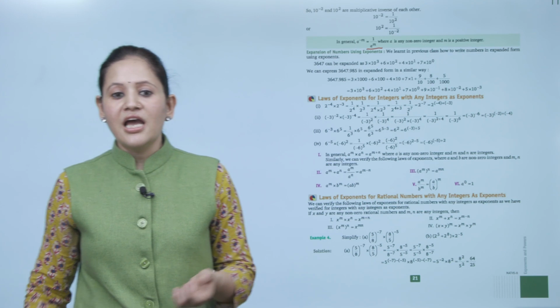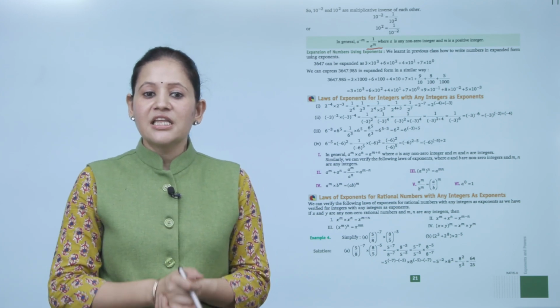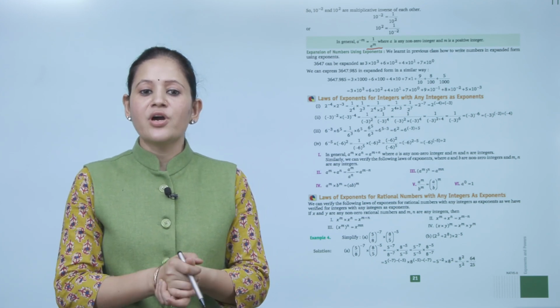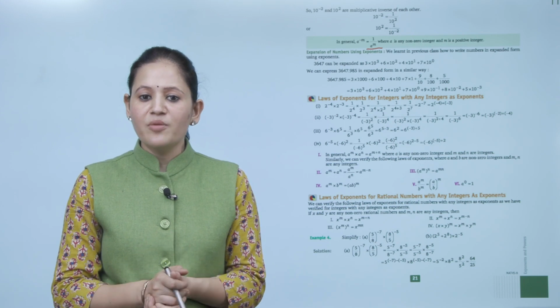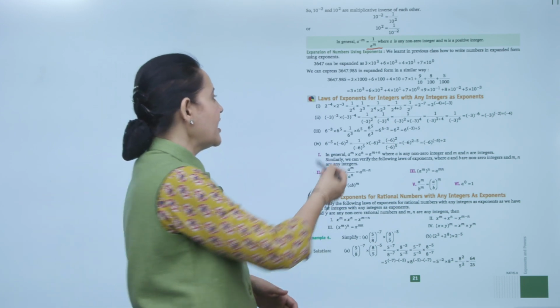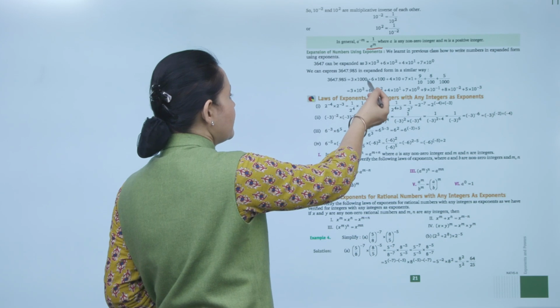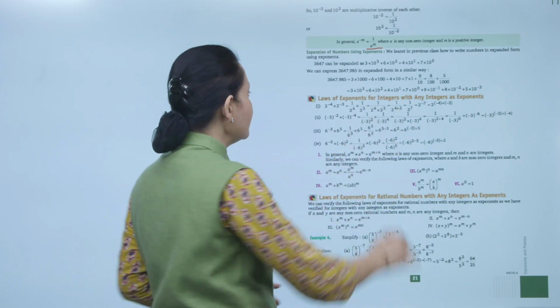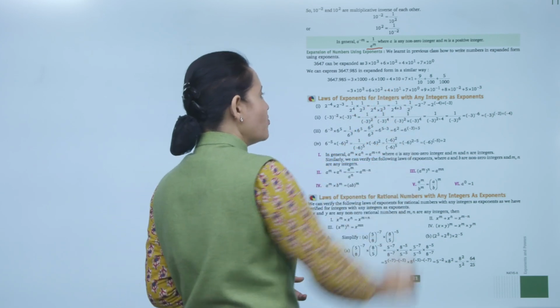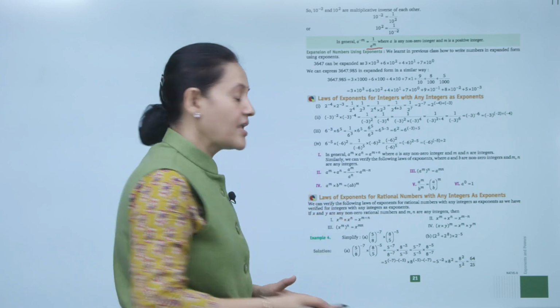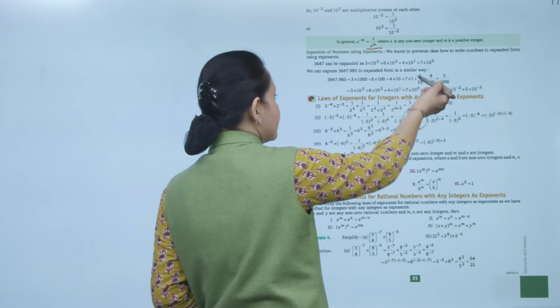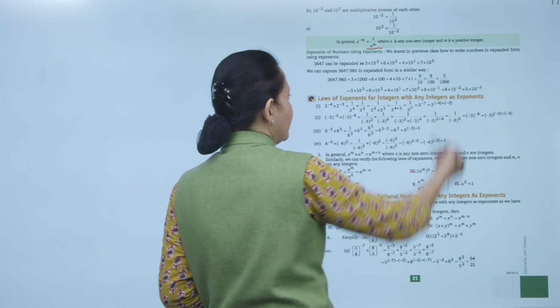Clear? And we can express 3647.985 in expanded form in a similar way. So we can write it as 3 into 1000 plus 6 into 100 plus 4 into 10 plus 7 into 1. Then after the decimal, the first place will be of 10, so we'll write it as 9 by 10, 8 by 100, 5 by 1000.